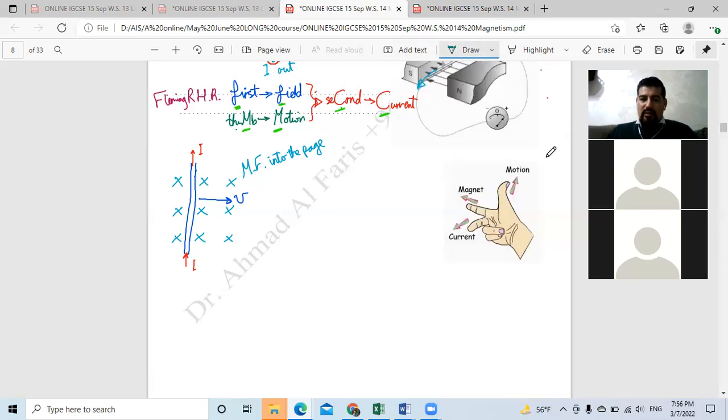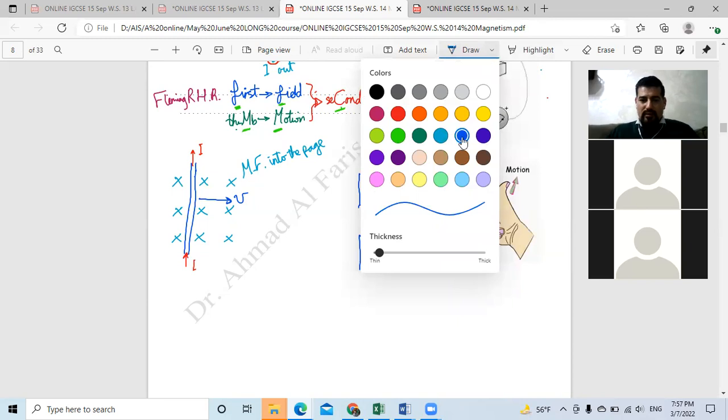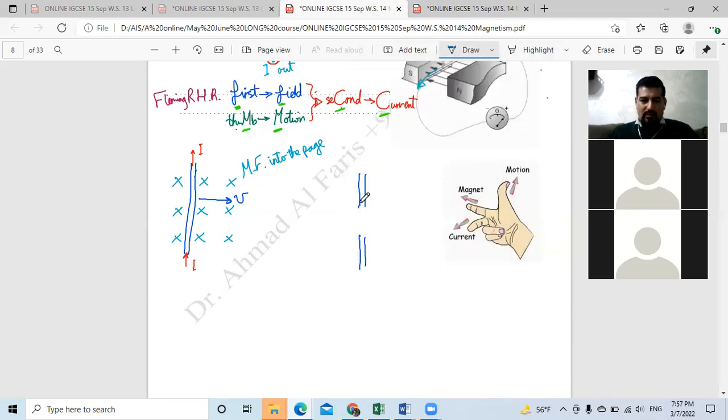Okay, look here. We have a magnet. Oh, sorry, let's draw the wire first. This is the wire. And this wire is moving where? Into the magnet, okay? To the right. We have a magnet here. I'm going to draw it.